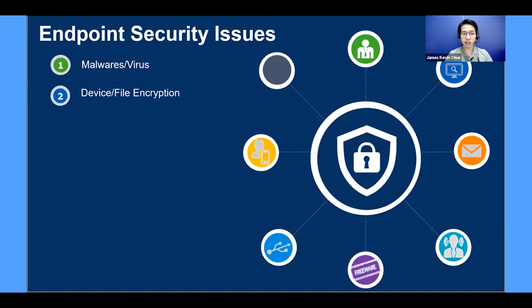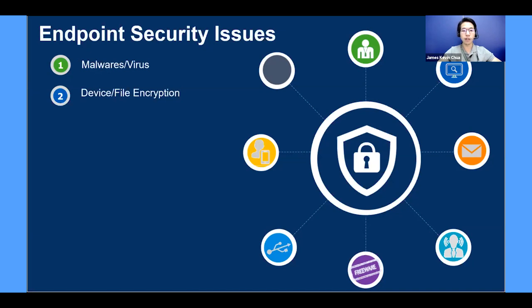Then second on our issues is device or file encryption. So what's the concern in this scenario? For example, if your endpoints or computers are stolen, since you're working remotely, I'm not sure if your workplace is really secured from robberies or thefts.